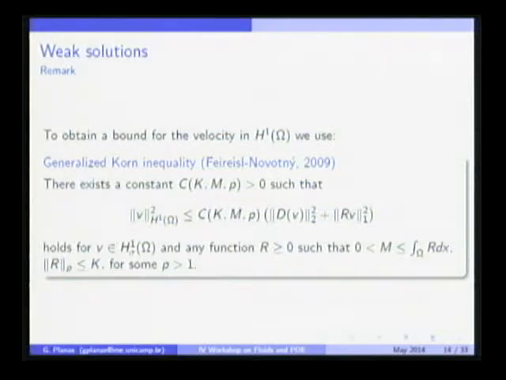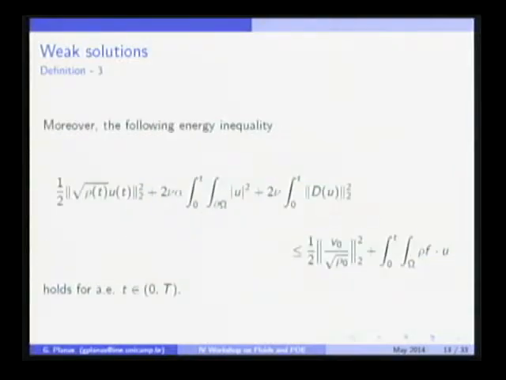It's in this book, by Feireisl and Novotný, new book, 2009, where they have this Korn inequality to relate the symmetric part of the gradient and a product here, which in our case r will be rho. With this bound you have a bound in H1. So this part and this part give the regularity in H1.